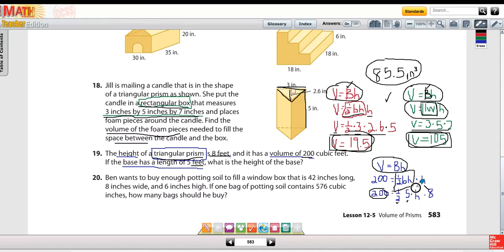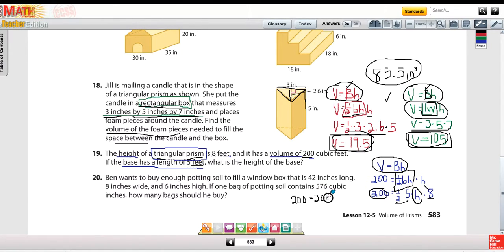So in this case, we are wanting to isolate the variable h to find out the height of the base. And so we're going to first of all simplify 1/2 times 5 times 8. I can take 5 times 8 first, which is 40, and take half of that, which is 20. So what I end up with is 200 equals 20h, okay?